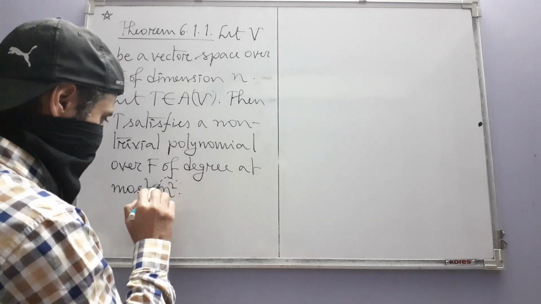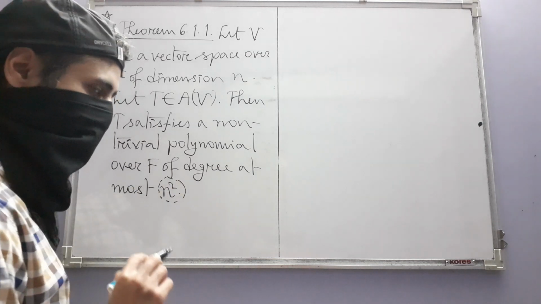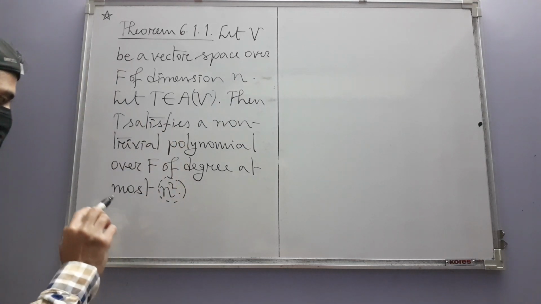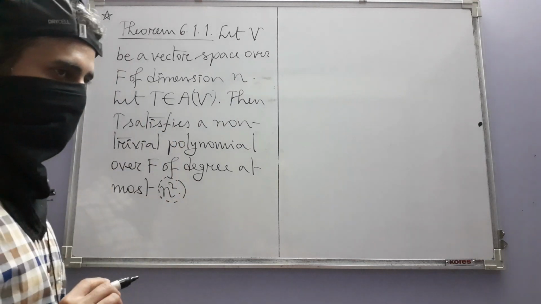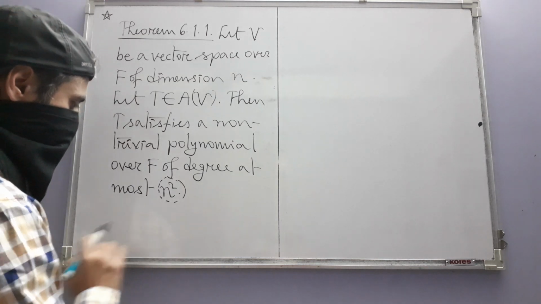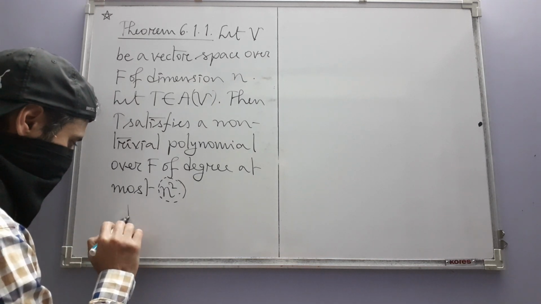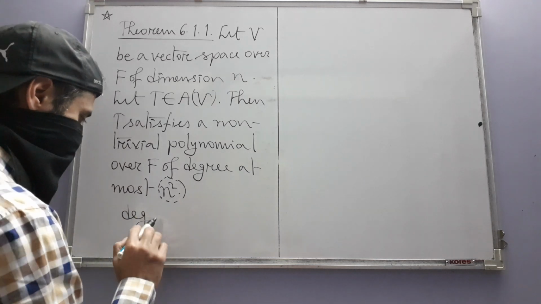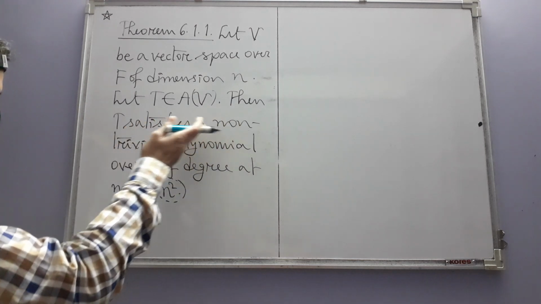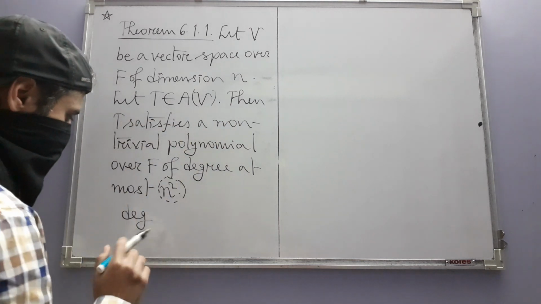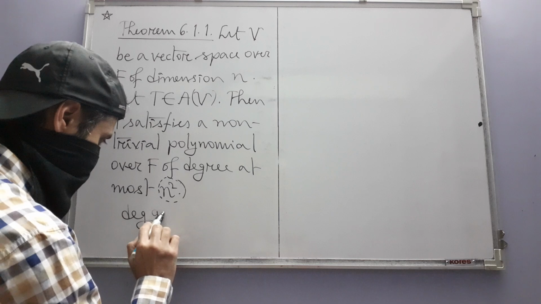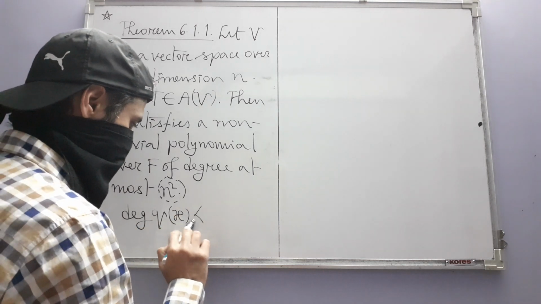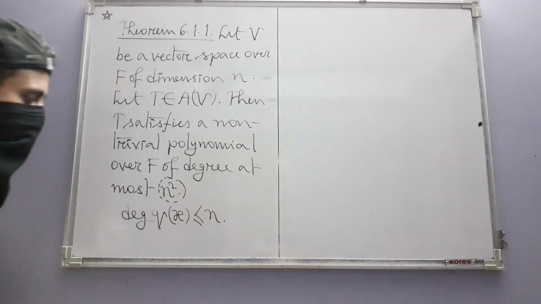Although we now have this bound n square on the degree of that annihilating polynomial for T, we can actually improve this bound by claiming that there will be again a non-trivial polynomial, maybe some other polynomial that T satisfies, whose degree is in fact at most n.